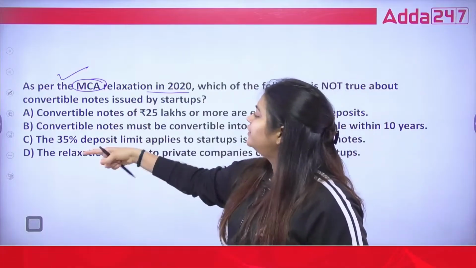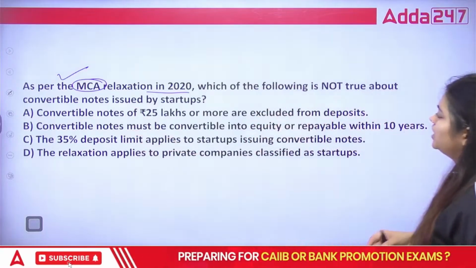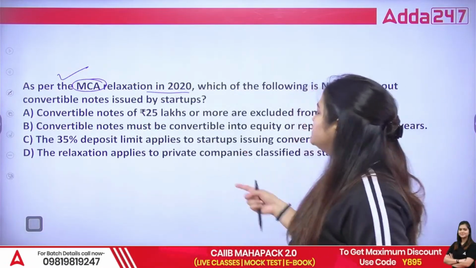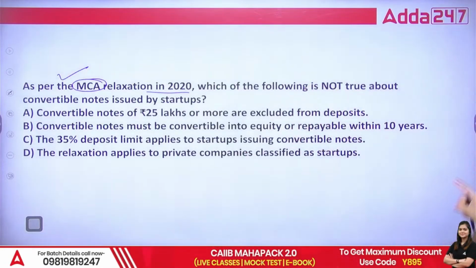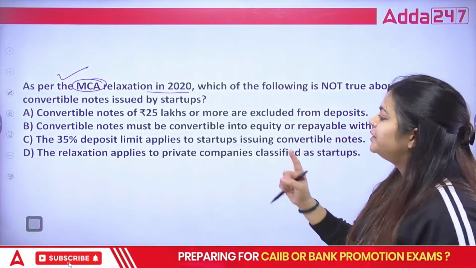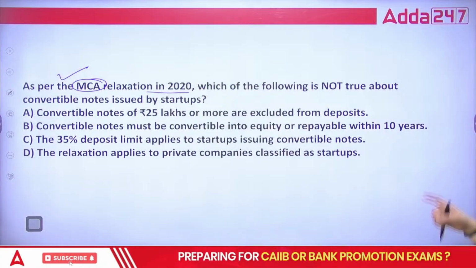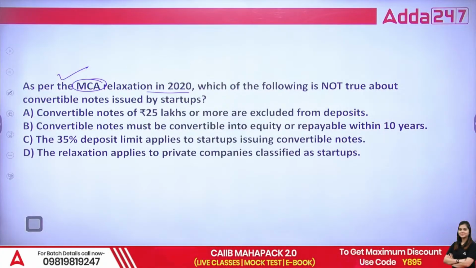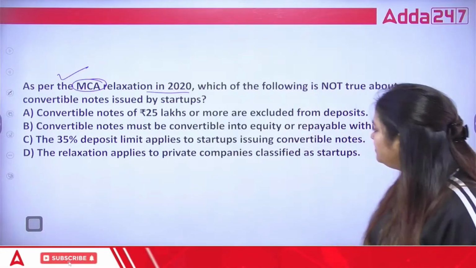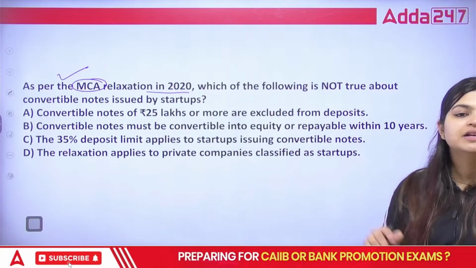A. Convertible notes of 25 lakhs or more are excluded from deposits. B. Convertible notes must be convertible into equity or repayable within 10 years. C. The 35% deposit limit applies to startups issuing convertible notes. D. The relaxation applies to private companies classified as startups.